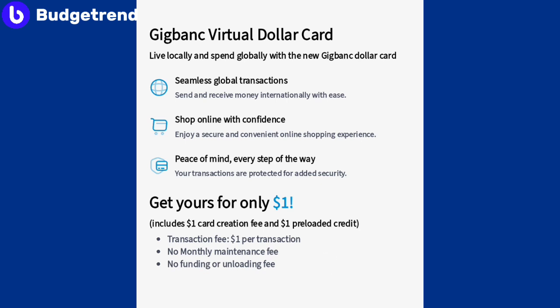By the way, it is the same thing, because Gigpay will only charge you 0.5 USD for every funding, and they will also charge you 0.5 USD for every transaction. So all these platforms are almost the same. They nearly charge the same thing for their fees.